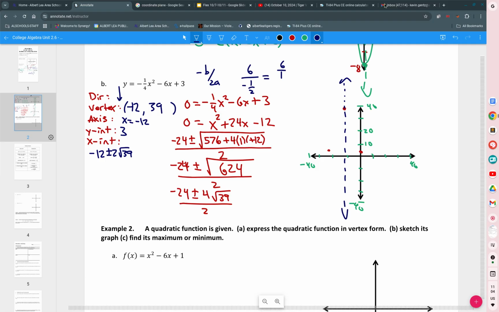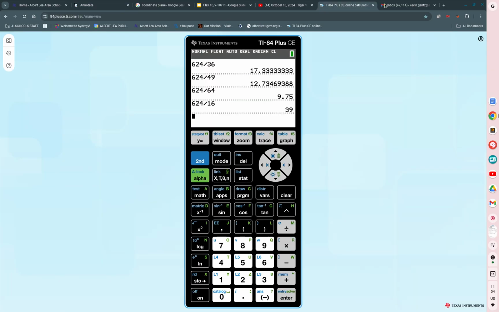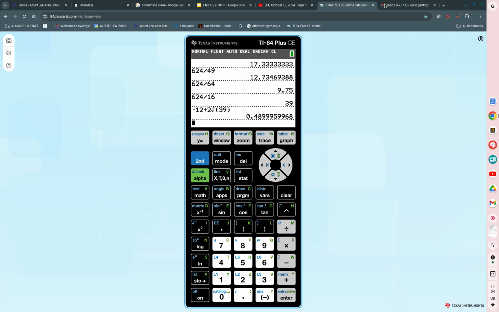You saw the first one was easier, this was a little bit more difficult, and I expect to see simplest radical form on your test, but you also need to plot the value. So you need to come up with a decimal. On your calculator, just take negative 12 plus 2 roots of 39, and negative 12 minus 2 roots of 39.